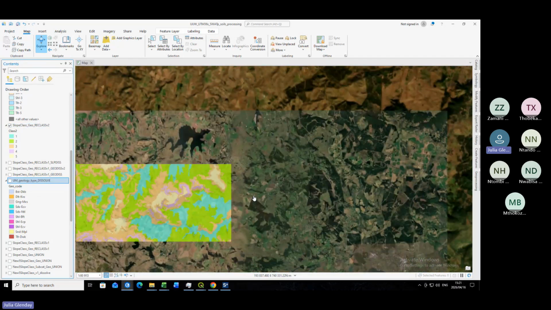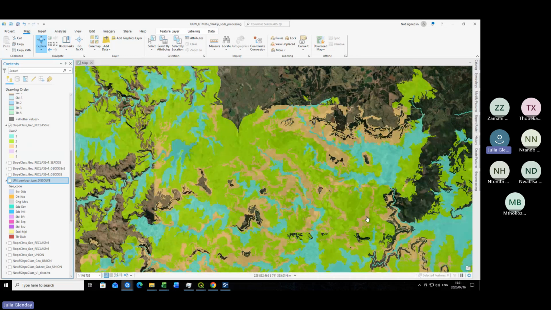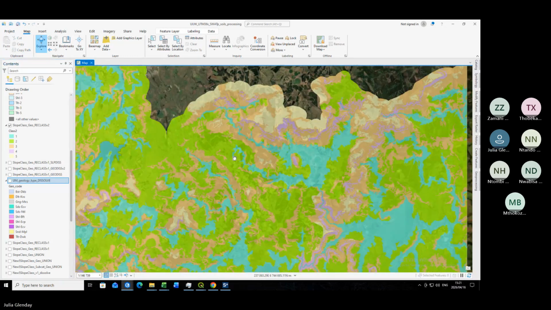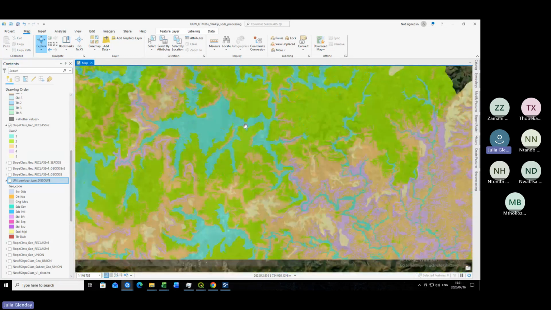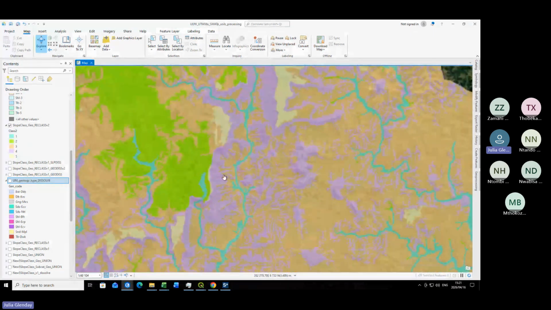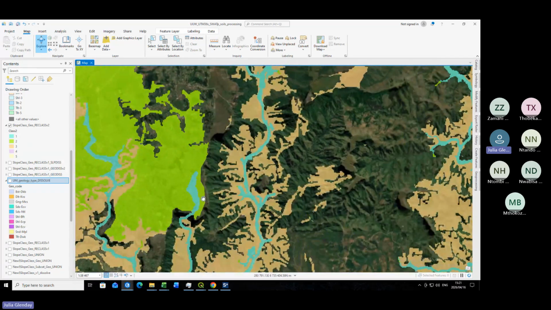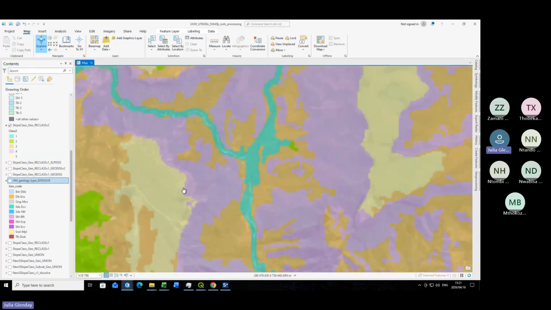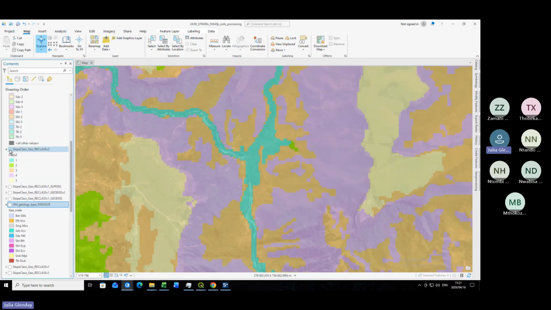And when you get down here, you'll see the more steep areas and upper plateau areas there.